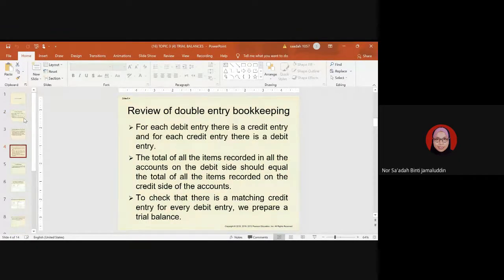Review of double bookkeeping. For each debit entry, there is a credit entry. This is the meaning of double entry. You must record it in the debit side, and you also must record it in the credit side.